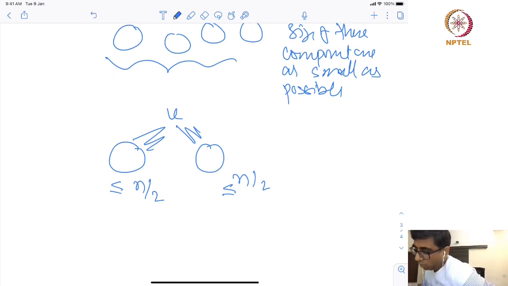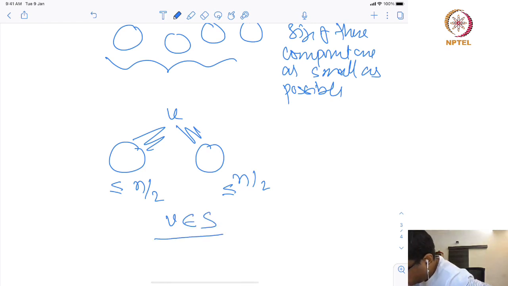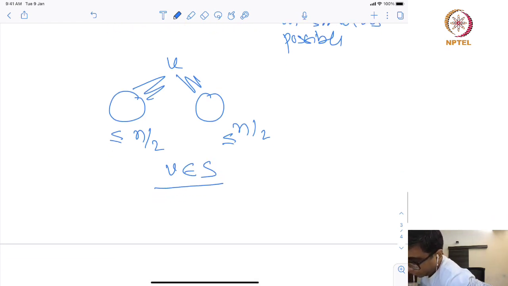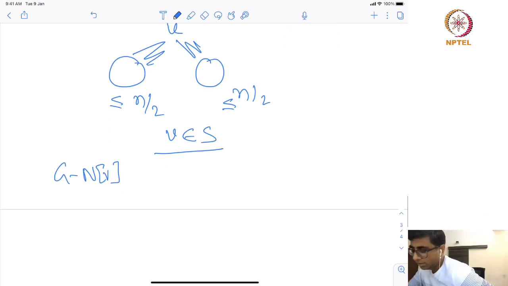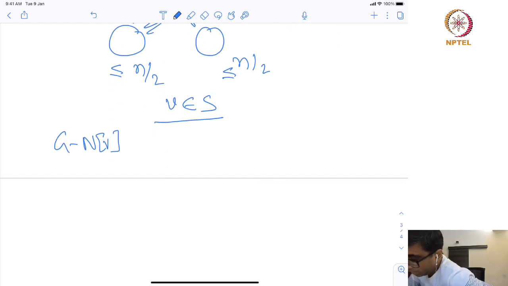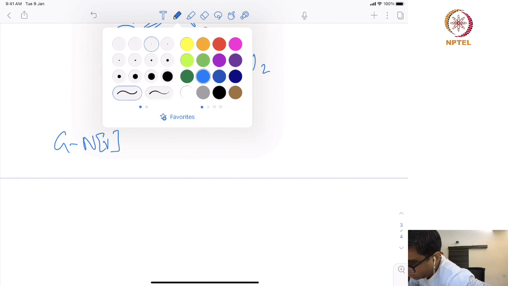On one side, when V is in the solution, the running time is going to be G minus, you will delete the neighborhood of V.